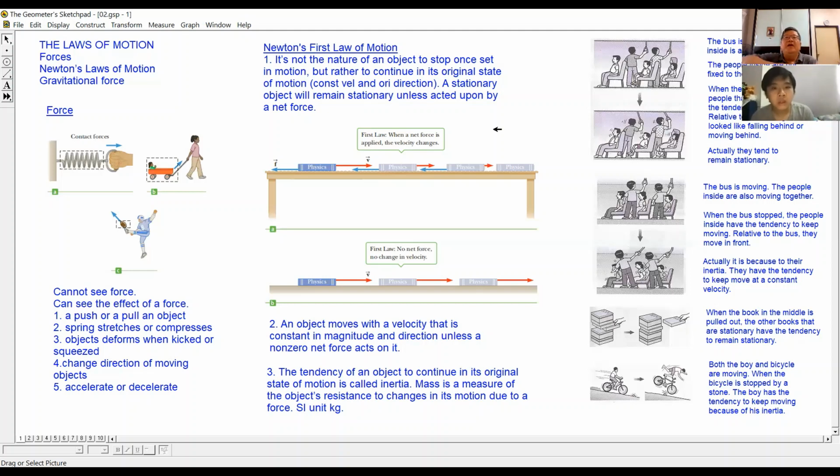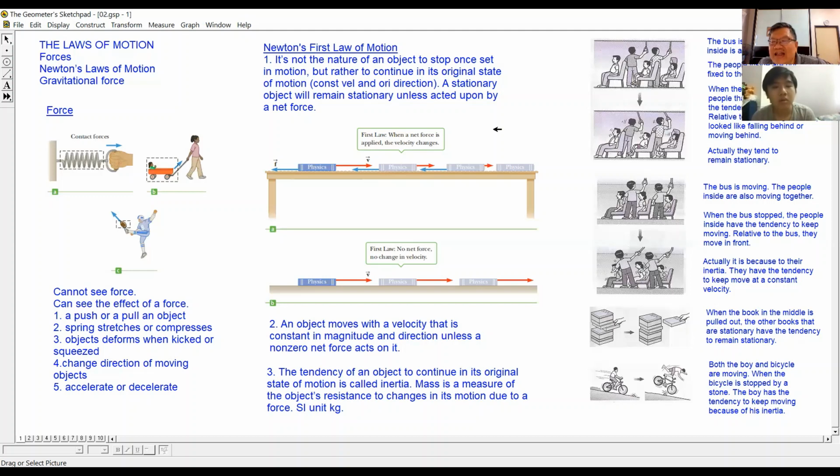Now, contrary to this, if it is not moving with a constant velocity, what do you expect? Is there a force acting on it? Yes, if it is moving faster and faster, then there's a net force acting on it.